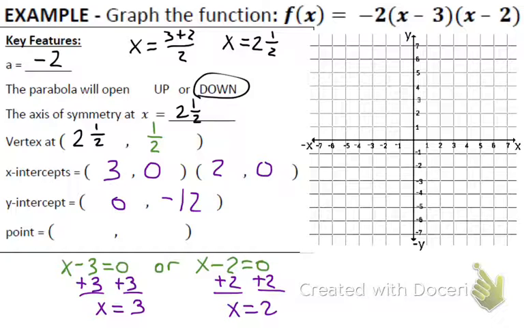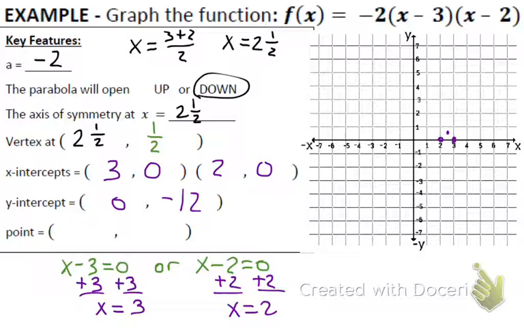We can plot all of our information that we have. We've got a point at 3, 0, point at 2, 0. Vertex halfway between there, 2.5, and then the y value is 1/2.